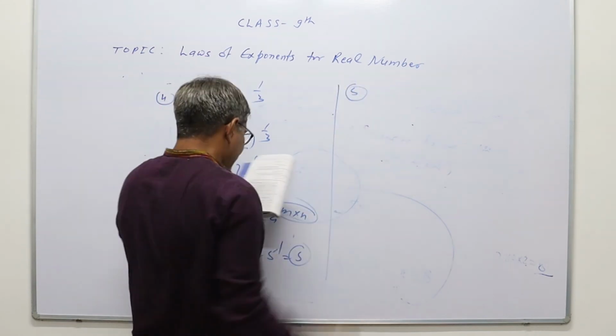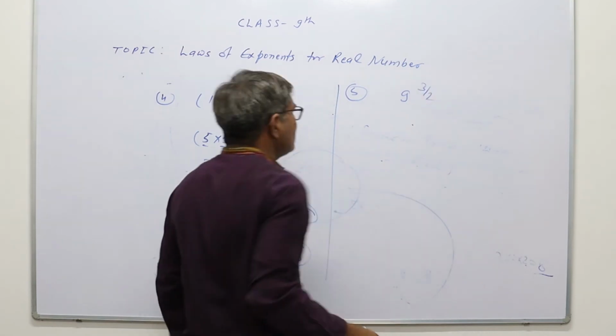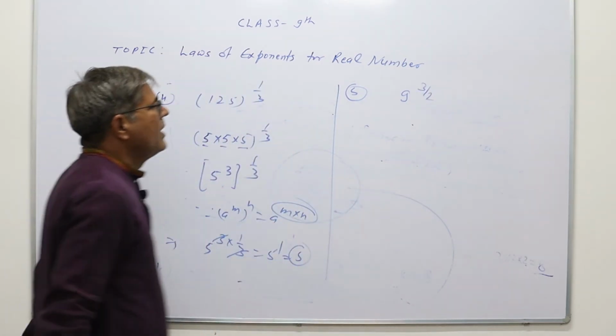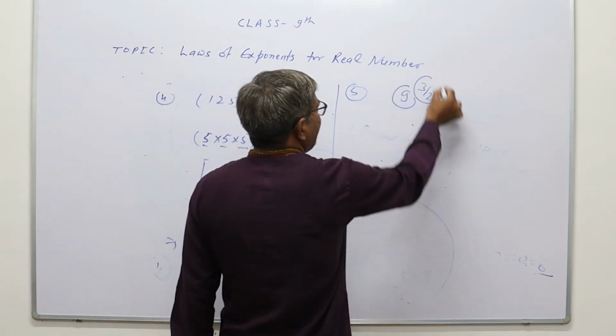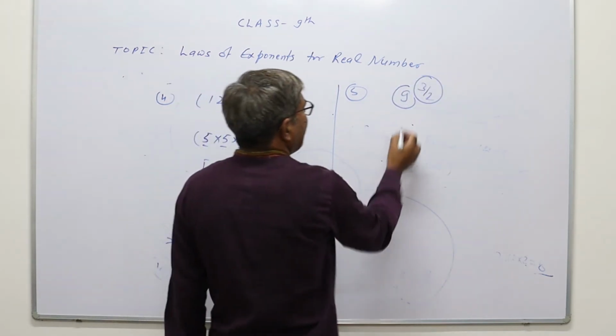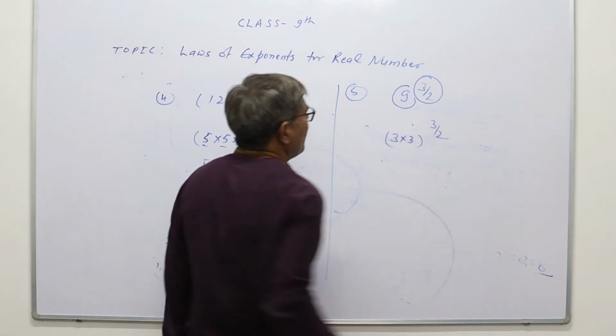Question number 5: 9 raised to the power 3 by 2. How will we solve 9 raised to the power 3 by 2? See here, this 9 is the base and 3 by 2 is the exponent. So 9 can be written as 3 into 3, whole power 3 upon 2.